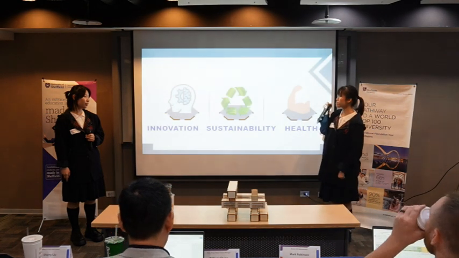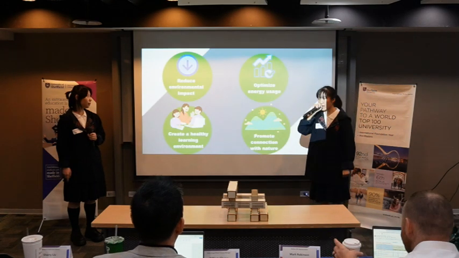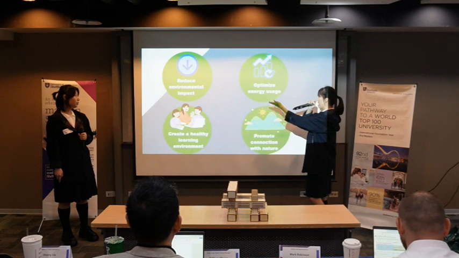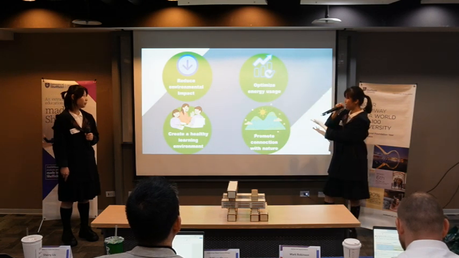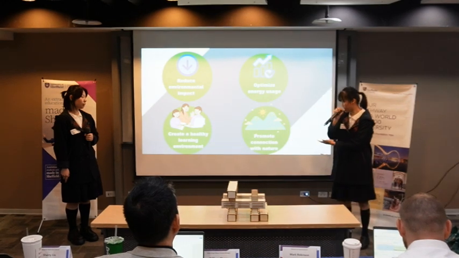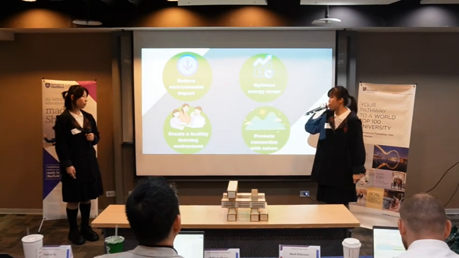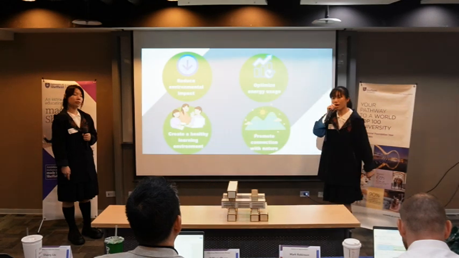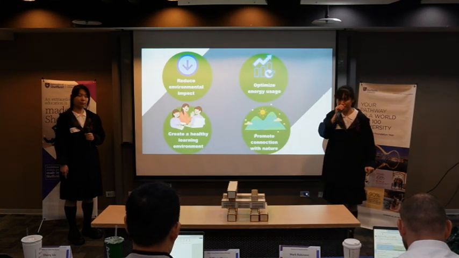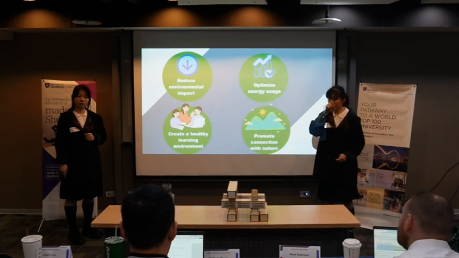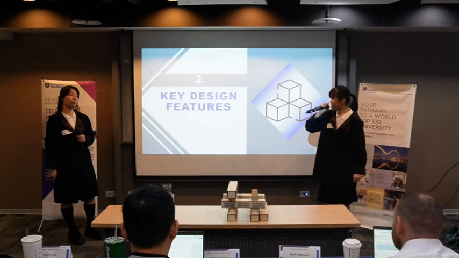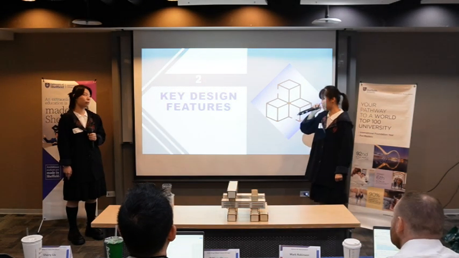Also, our goal is to reduce the environmental impact, optimize energy use, create a healthy learning environment, and promote a connection with nature. By combining these four features, our design aims to establish high-performance smart systems that serve as a model for future urban development. Next is our key design features.